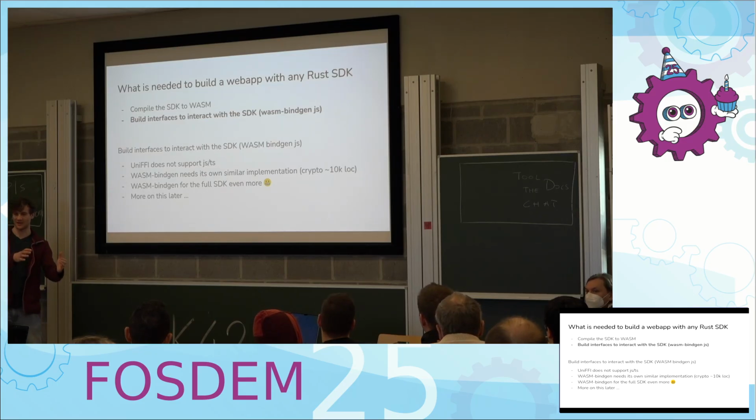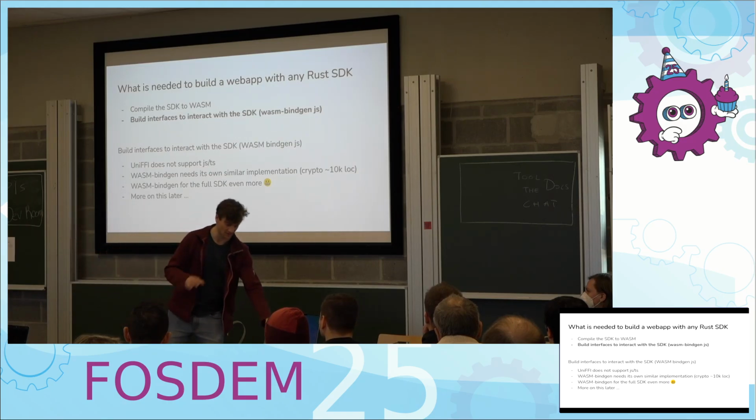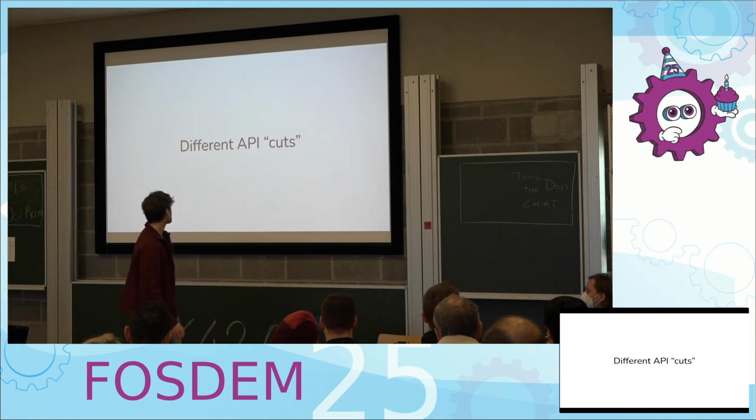We have the uni-ffi bindgen, which is already 10K lines of code, and for WebAssembly we would need to do the same thing again. And that is just for the crypto crate. If we did this for the full SDK, that would be even more work. So building specific WebAssembly bindings for the full UI crate would be insane, and the only way that would make sense is through uni-ffi.